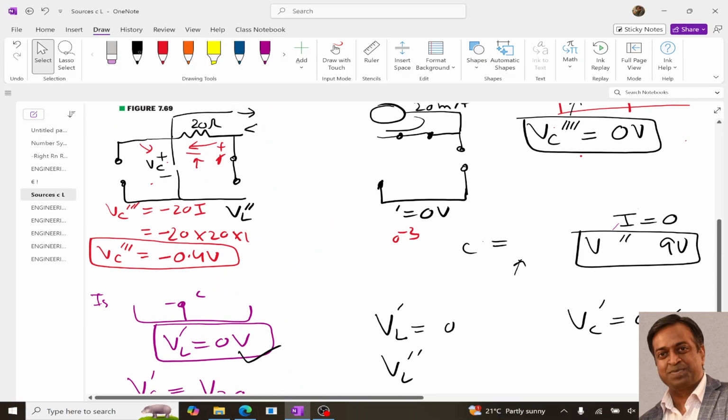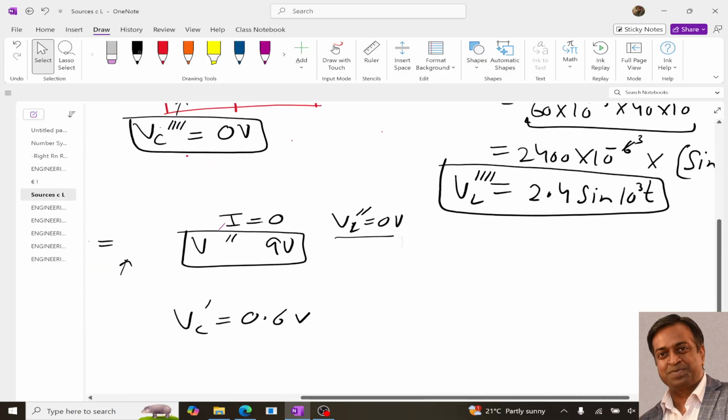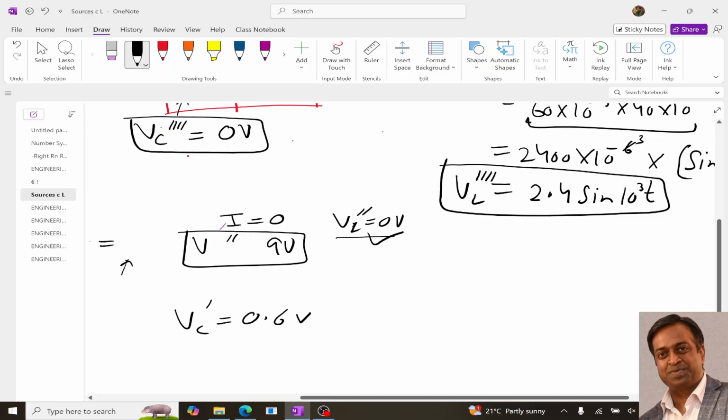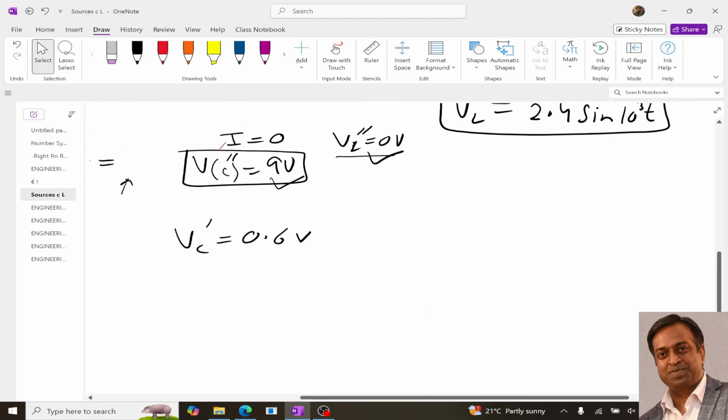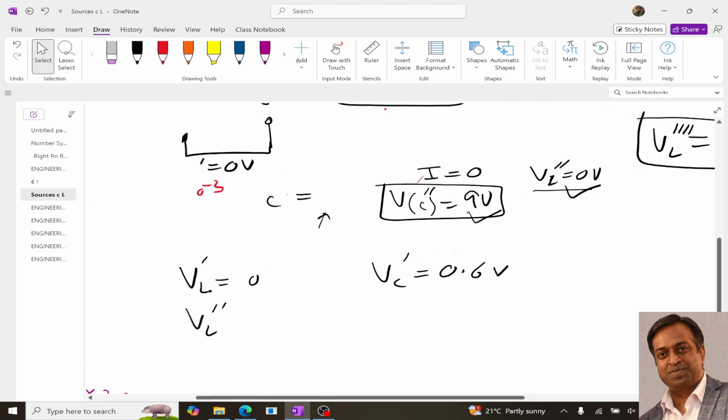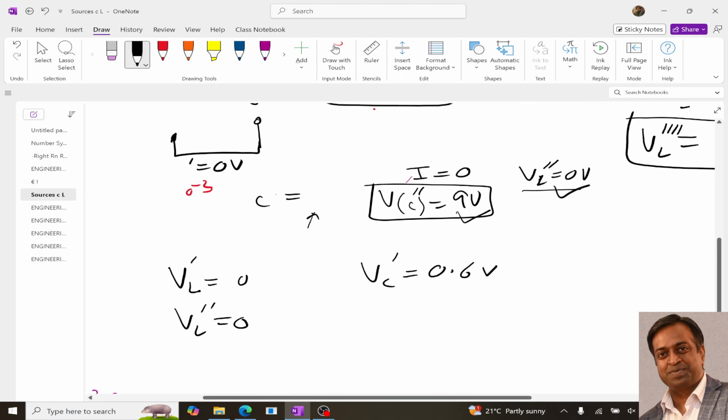Oh, yes, it is over here. So VL double dash is 0 and VC double dash is 9 volt. So again writing it over here, it is 0 and VC double dash is 9 volt.